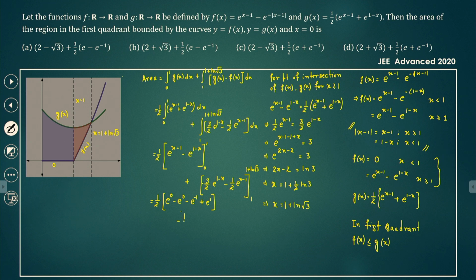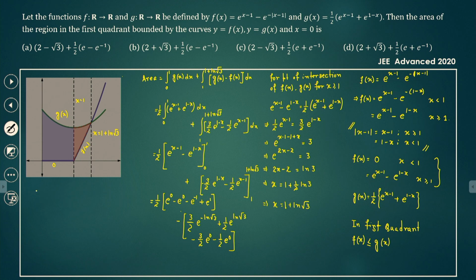If I take minus common, we'll get 3/2 e^(minus ln root 3) plus 1/2 e^(ln root 3). And both are minus, so minus 3/2 e^0 minus 1/2 e^0. That's it.